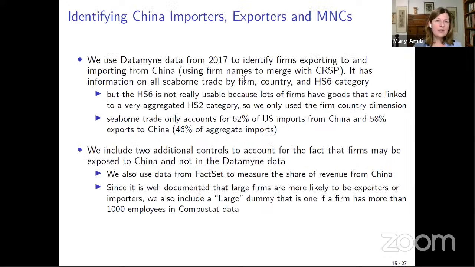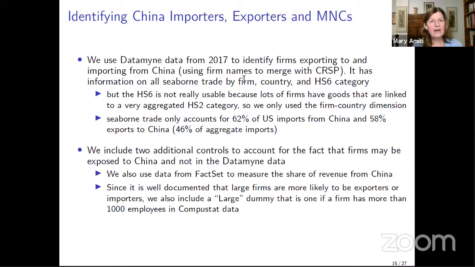So what are the treated firms? This is an important question, and I thought it deserved a couple of slides rather than a couple of sentences. First, we want to identify the firms that import from China. We use the data mine data for 2017 to identify firms that import or export from China, and we use the firm names to merge with our CRSP data.